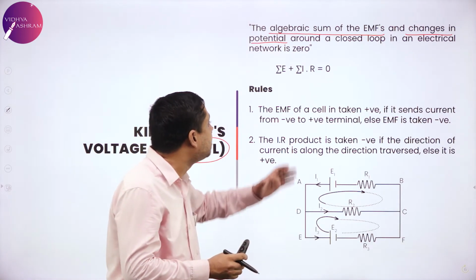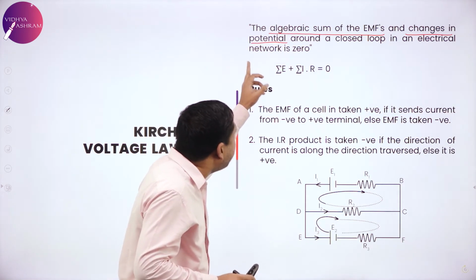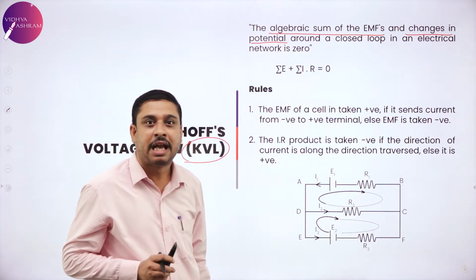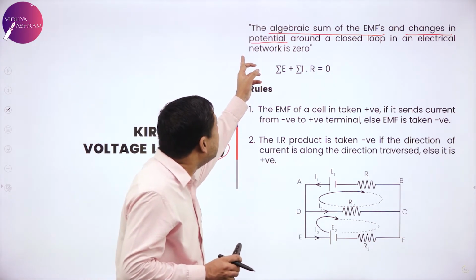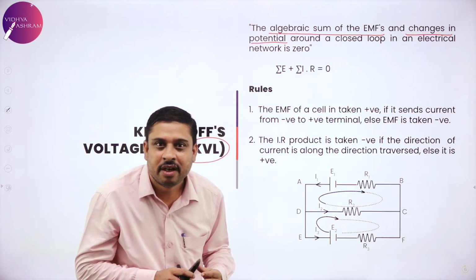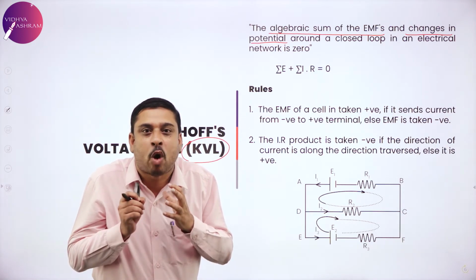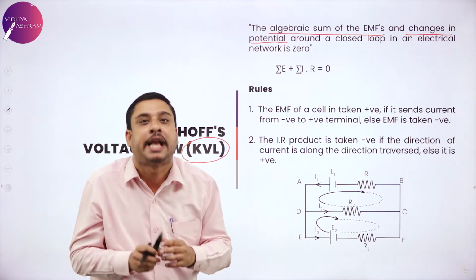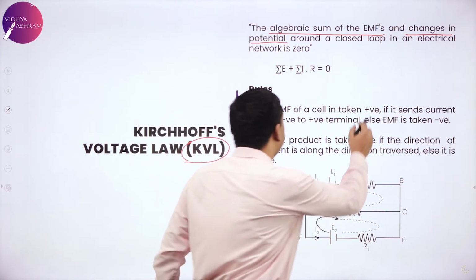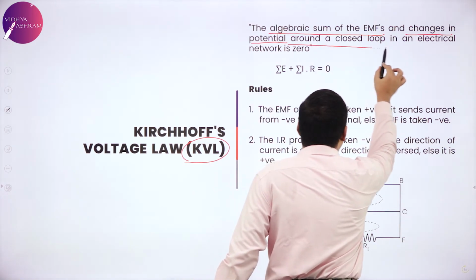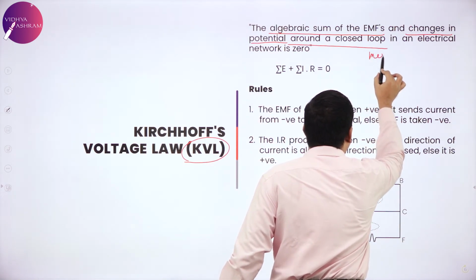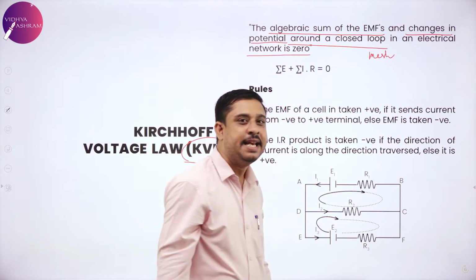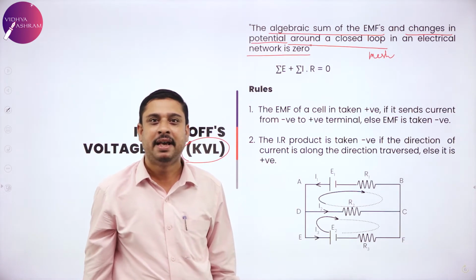So he says algebraic sum of the EMFs and changes in potential. I am concerned about EMFs and changes in potential where around a closed loop, again mesh of an electrical network is 0.